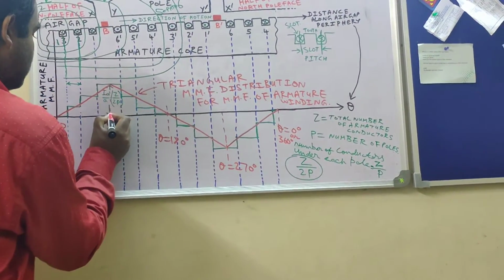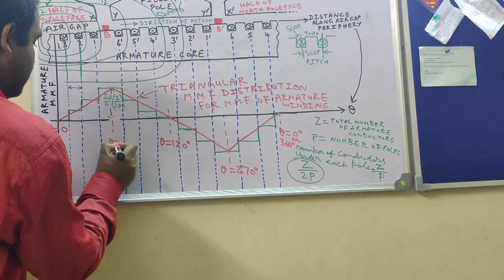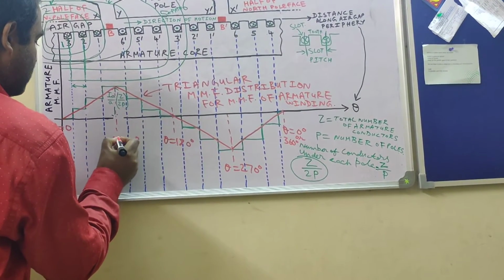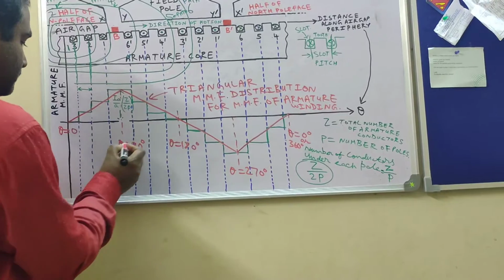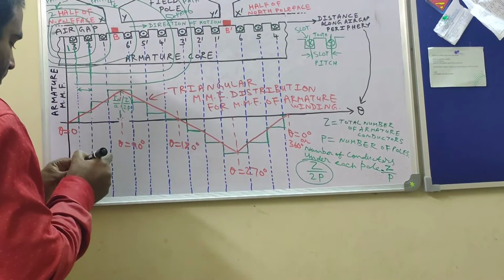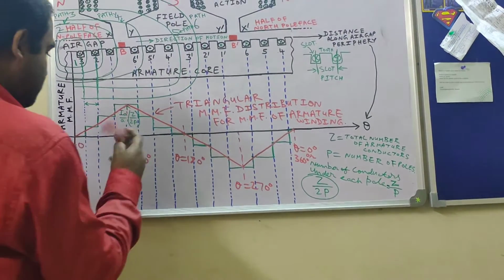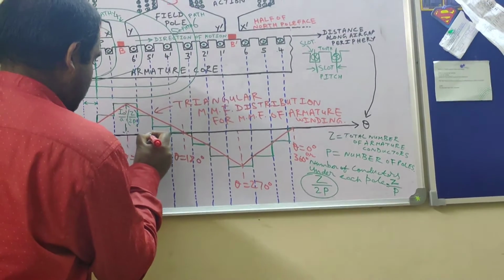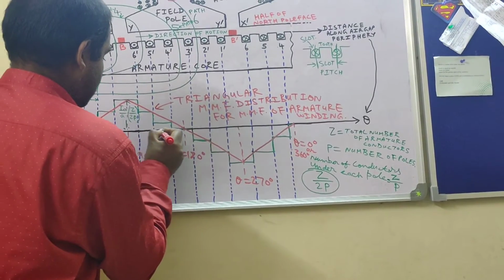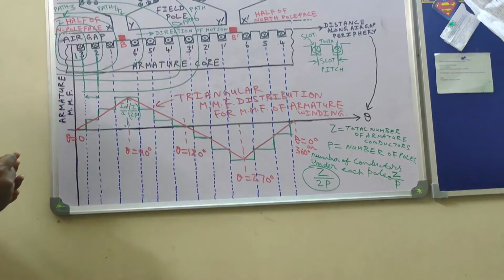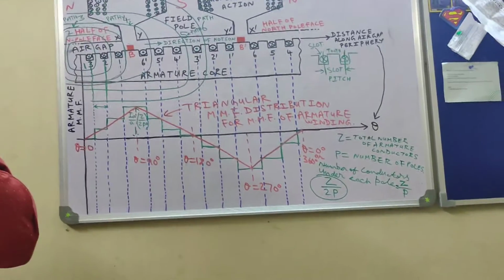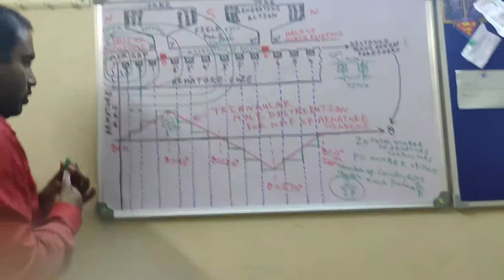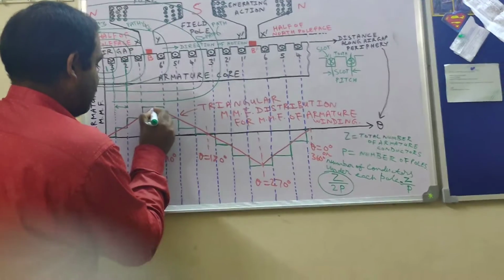This is theta equal to 90 degree. You should observe certain things from this diagram. This is very important, and the result should be thoroughly memorized and kept in memory.